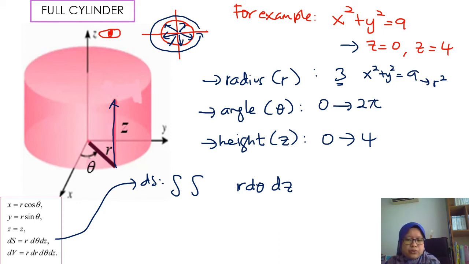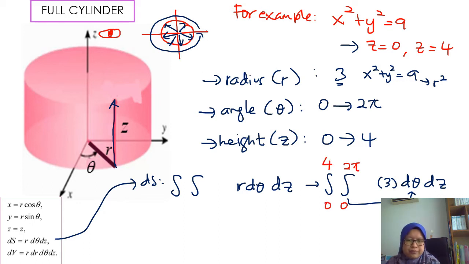You should substitute r. R here is 3, so you just write 3, d theta and dz. The limit of d theta is 0 to 2 pi and dz is 0 to 4.